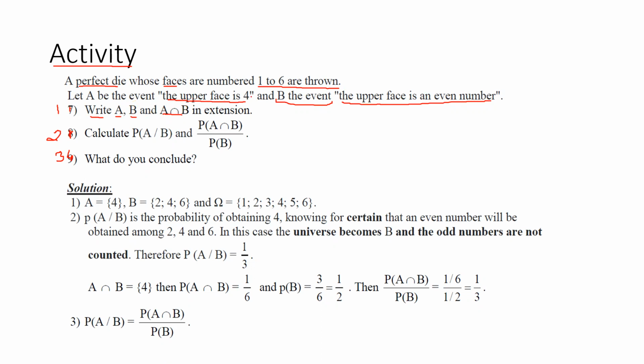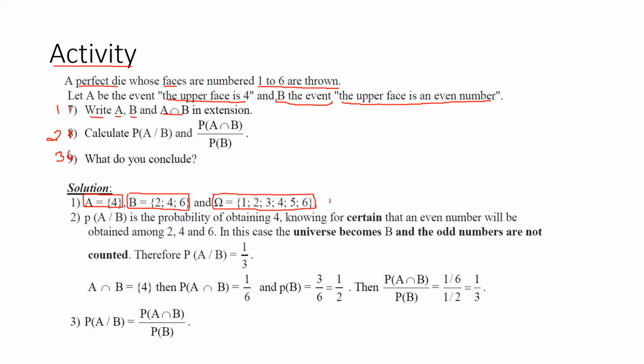A, the upper face is 4, so A is equal to {4}. B, the upper face is even, then B equals {2, 4, 6}. Omega is the possible outcomes, 1, 2, 3, 4, 5, 6.